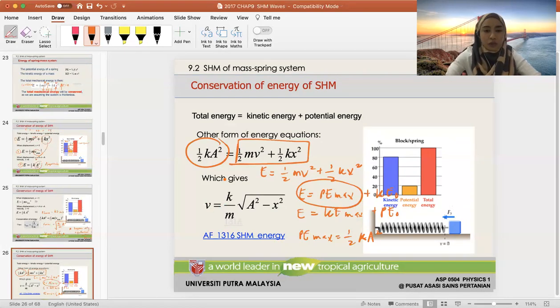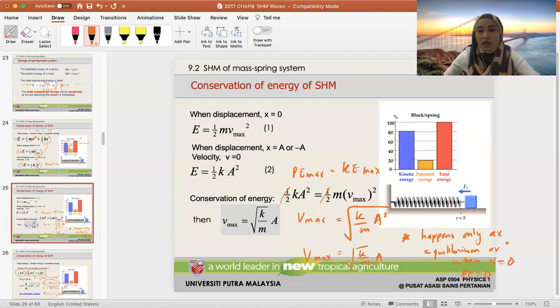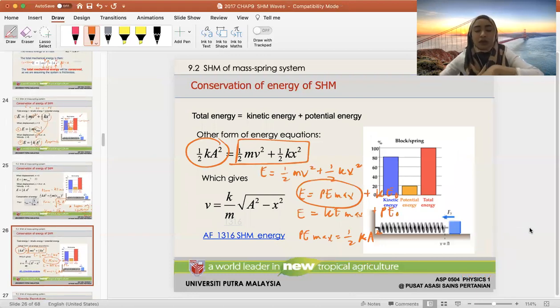Earlier, what is the difference between v and v max? v max happens only at equilibrium when your PE is 0. What if your PE is not 0? When does that happen? So I have a spring.